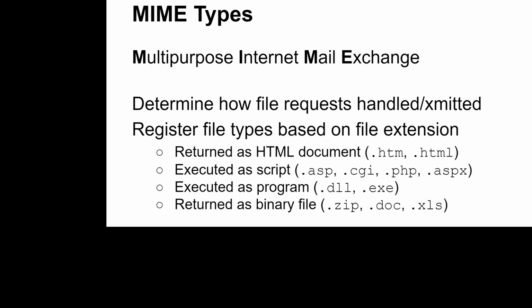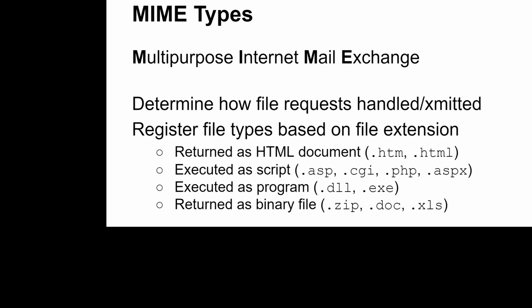If you have a link to a .dll, you probably don't want to run it, but there are times when, for example, you're downloading software and you need a link directly to the installer. If you're downloading a software installer, then Apache needs to know and IIS needs to know to send that information as binary, not text, so that it's an executable program by the time it arrives at the client's location.